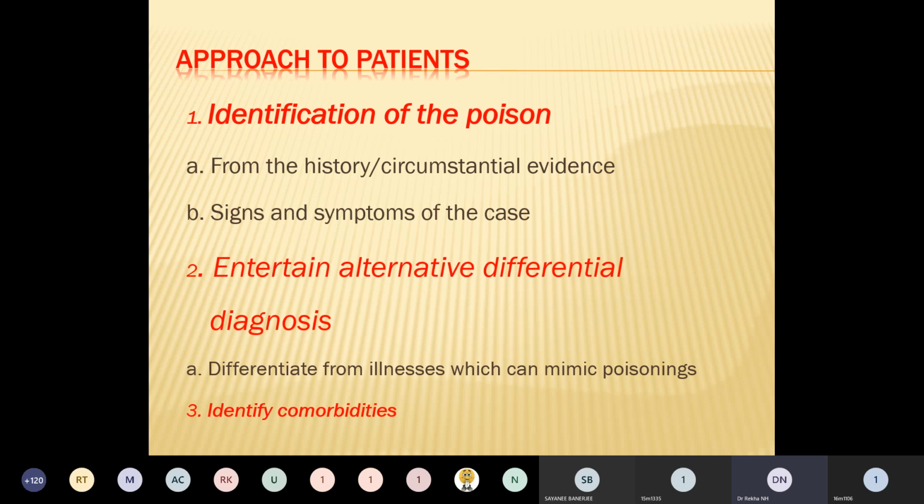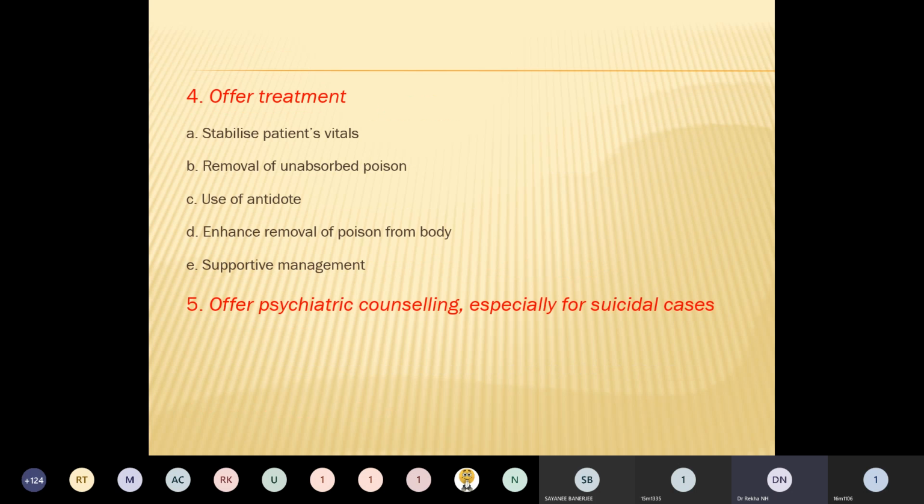Whenever a patient comes with suspected poisoning, first, identification of the poison is important from the reliable history, circumstantial evidence, and also the signs and symptoms at the arrival of the patient to the hospital. If there is any doubt about the poisoning, we have to think of an alternative differential diagnosis. Apart from this, in these patients we have to identify the comorbidities.